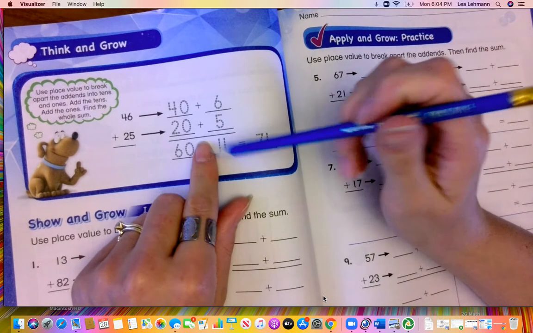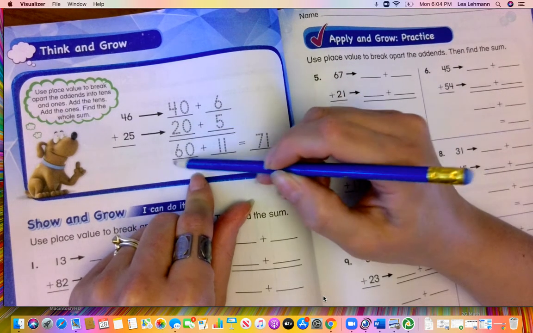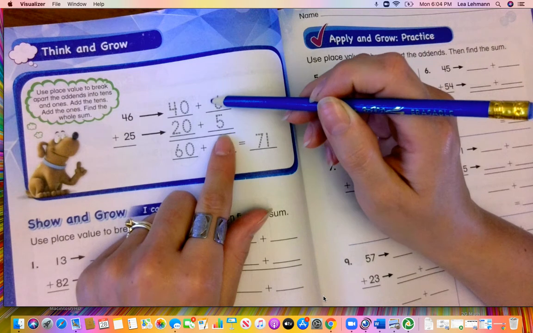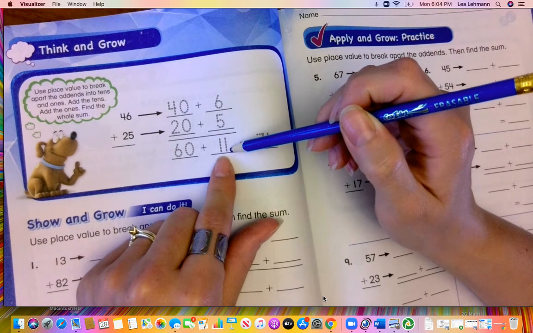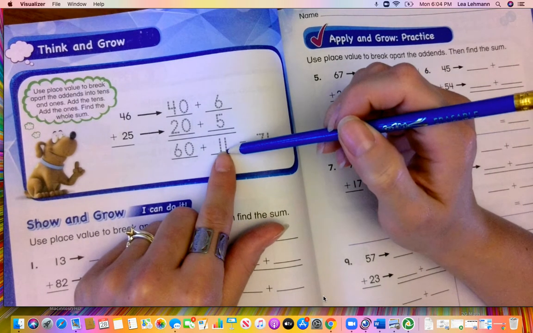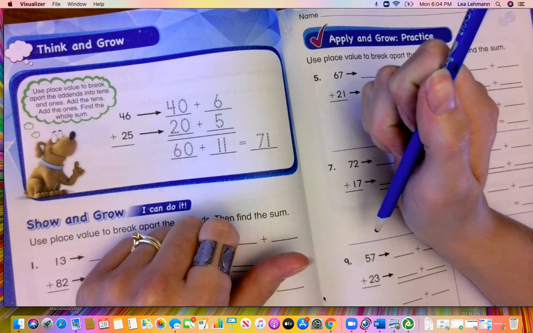Now they add up that 20 and that 40, and that's where they get the 60. Then they add the 6 and the 5. That's where they get the 11. So 60 and 11 is 71.